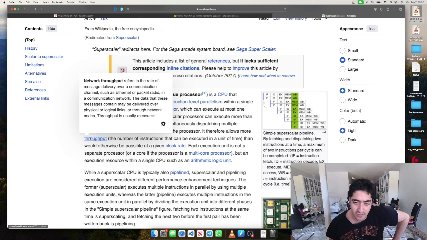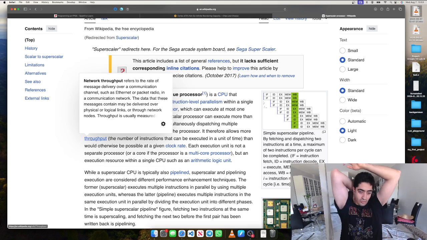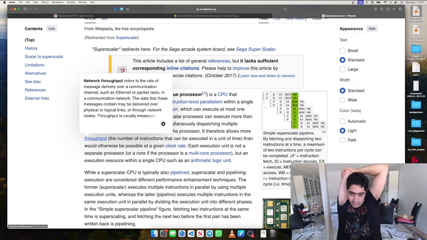throughput, the number of instructions that can be executed in a unit of time than would otherwise be possible at a given clock rate. Each execution unit is not a separate processor or a core if the processor is a multi-core processor, but an execution resource within a single CPU, such as an arithmetic logic unit.